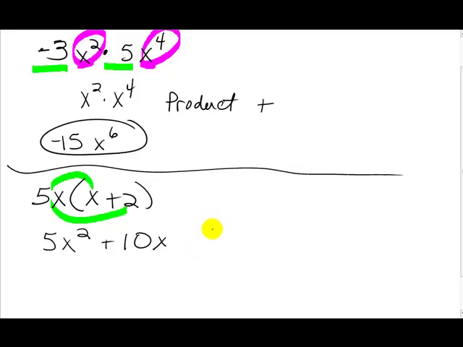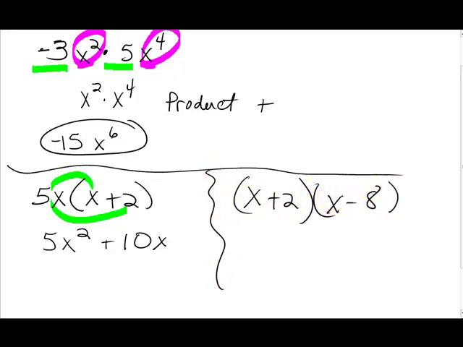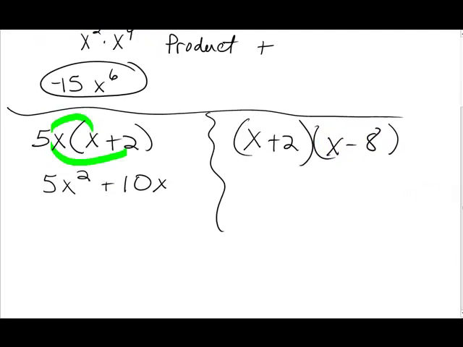Then remember, well, let's see. No, not remember. This is where it would come in with this. X plus 2 times x minus 8. We're going to take everything in the first binomial and multiply it times everything in the second binomial.